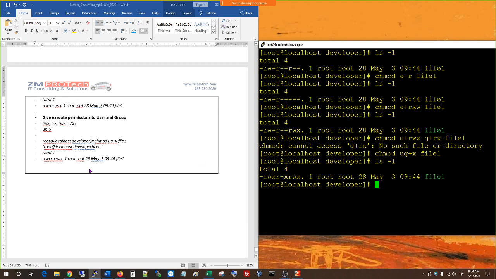Okay, so you could also do this if you do chmod ugo minus all file 1.